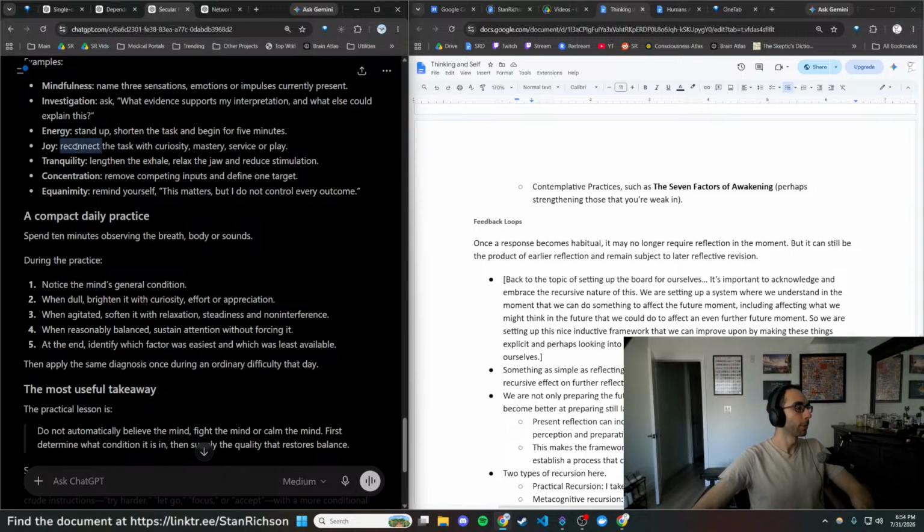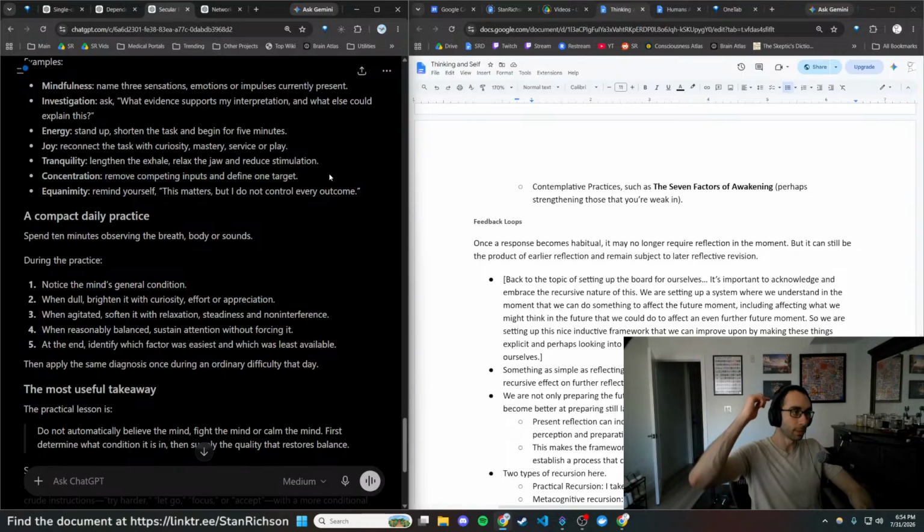We got joy: reconnect the task with curiosity, mastery, service, or play. This is an exercise in convincing yourself to do something, basically. We got tranquility: lengthen the exhale, relax the jaw, and reduce stimulation. Easy. Concentration: remove competing inputs and define one target.